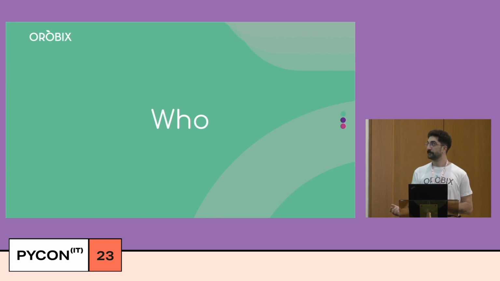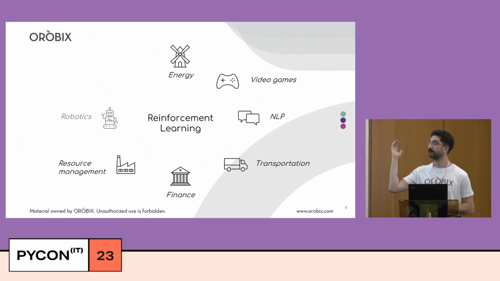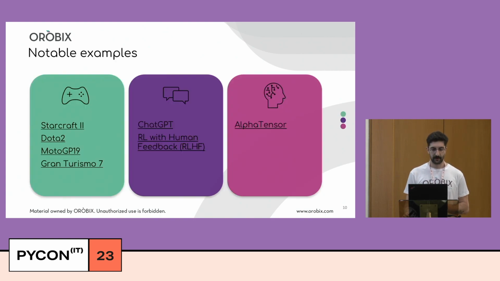So who's using it? Well, the list is almost endless, and we have different fields from energy, video games, NLP, finance, robotics, healthcare. But there are some notable examples. In the video game community, we had StarCraft 2, Dota 2, in which the OpenAI researchers beat the team champion of Dota 2.